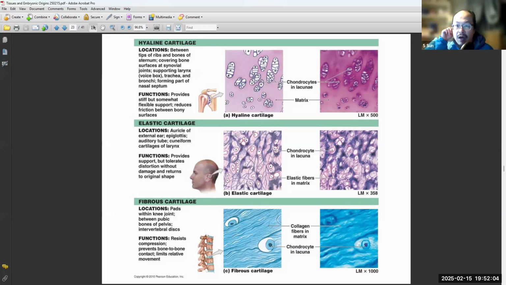They are not hard. They are soft, but they are not muscle. And also the fibrous, this is another cartilage, this is more condensed. This one can sustain stress. So we can see them in the vertebral disc.